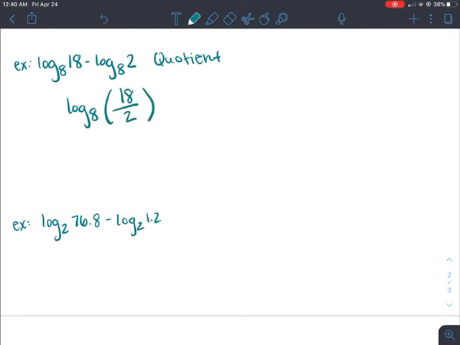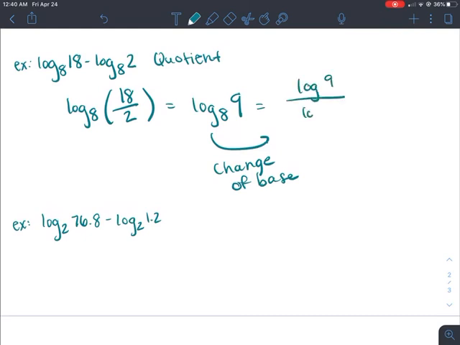I know that 18 divided by 2 is 9, so I can do log base 8 of 9. Then I can do the change of base. This gives me log of 9 over log of 8, which gives me a value of 1.057.